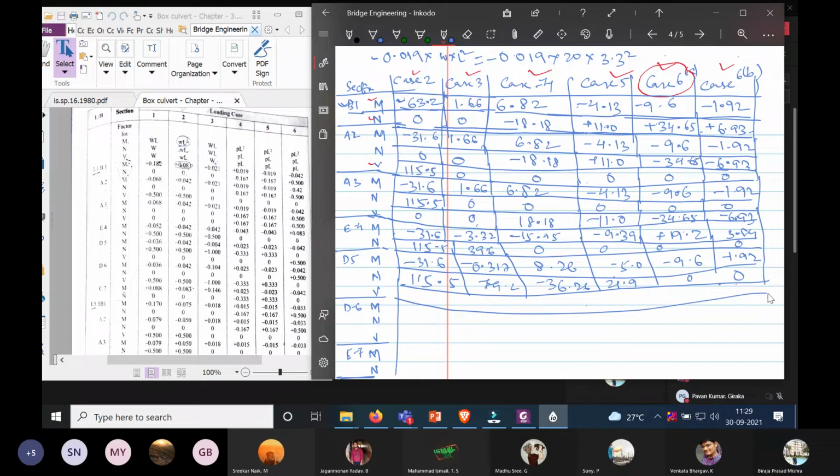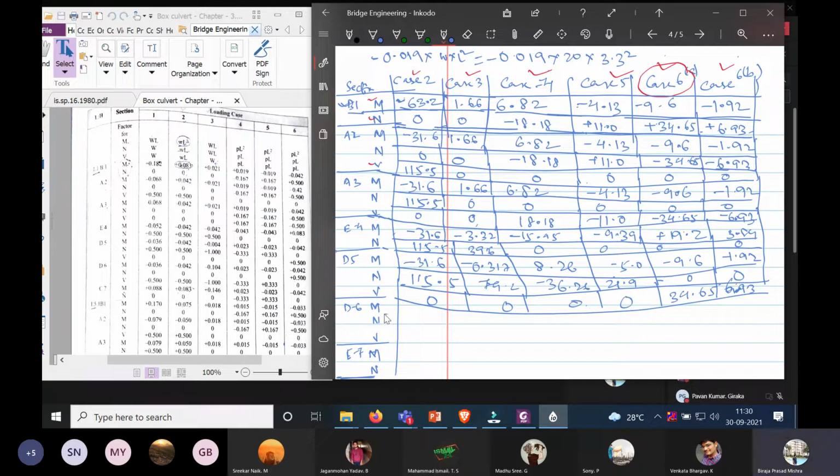Next, starting here the shear forces are 0 except this one, which is calculated as 34.65, and this one is 6.93. Okay, so this one is also 0.